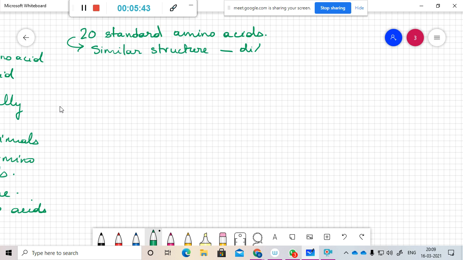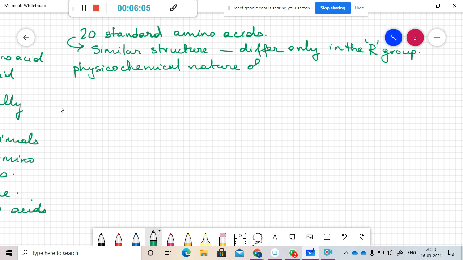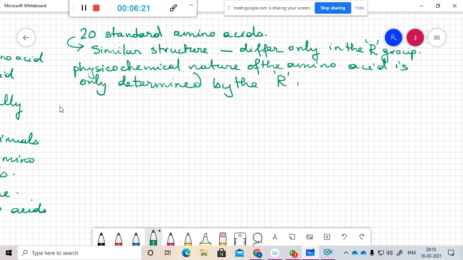They differ only in the R group. The physicochemical nature of the amino acid is only determined by the R group.